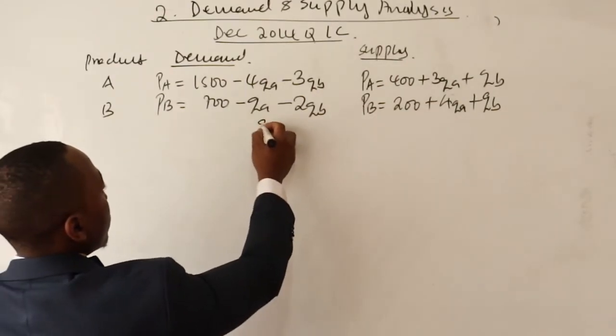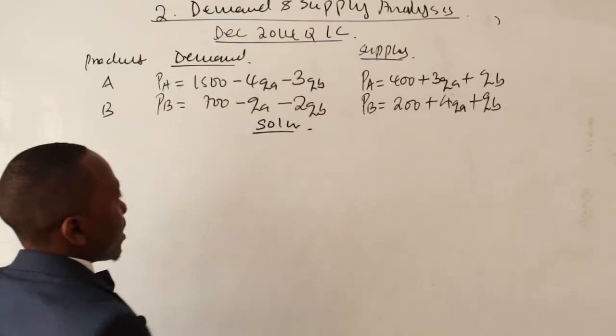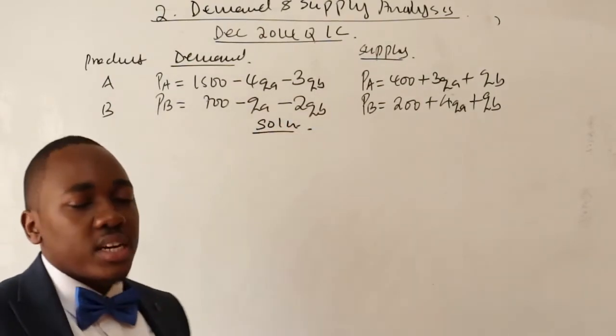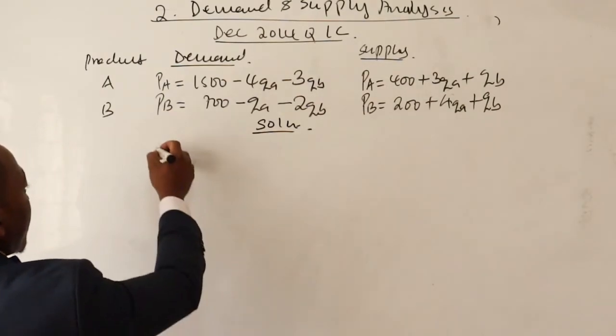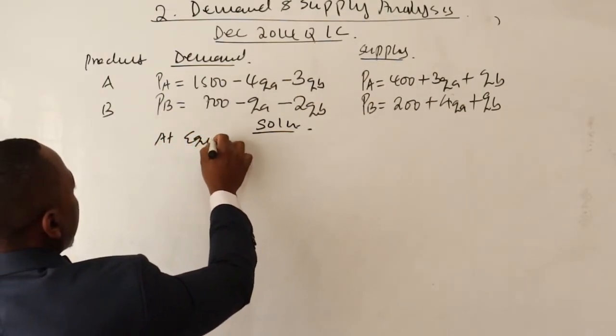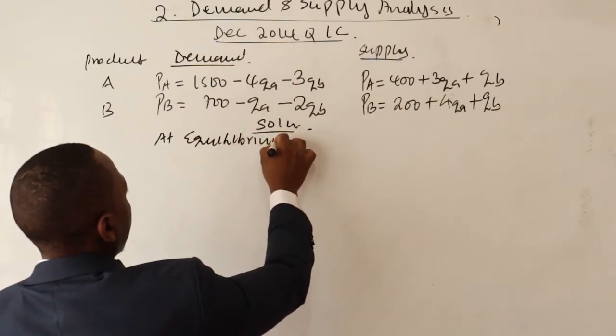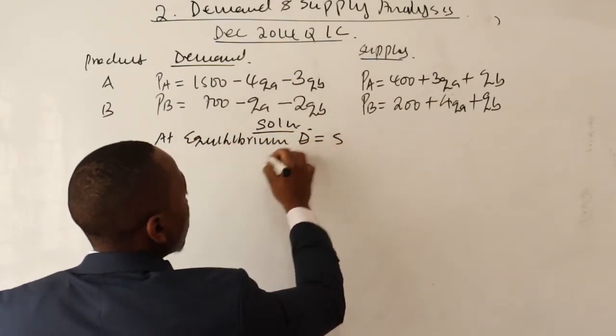Solution. They want the equilibrium prices and quantities. Remember that at equilibrium, demand is equal to supply.